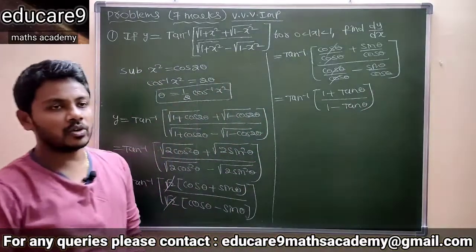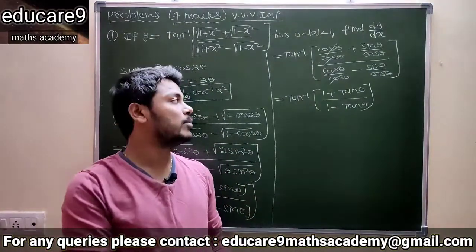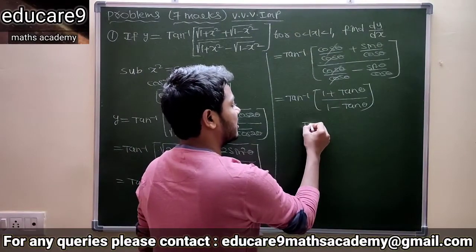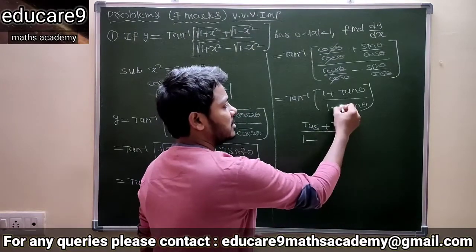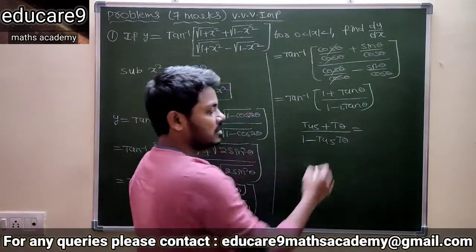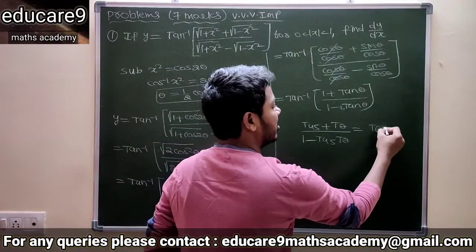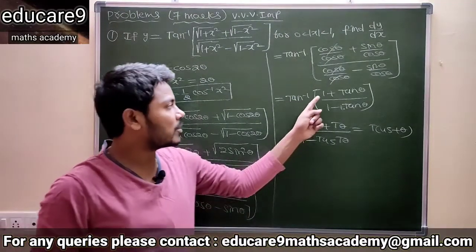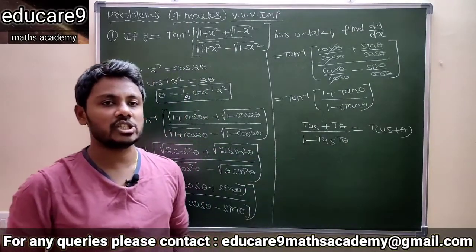You know that (1 plus tan theta) by (1 minus tan theta) is tan of (pi by 4 plus theta). Here 1 can be written as tan 45, so it is (tan 45 plus tan theta) by (1 minus tan 45 into tan theta). By the formula tan A plus tan B by 1 minus tan A tan B, this is tan of (45 plus theta).